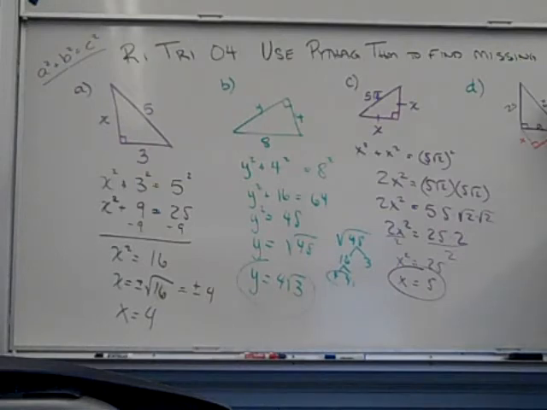Notice that I had to isolate, first of all, which one is opposite that right angle to identify which one goes alone. That's the hypotenuse. Simplify. Square root. Now I know that this triangle exists with a hypotenuse of 15, a leg of 12, and a leg of x.